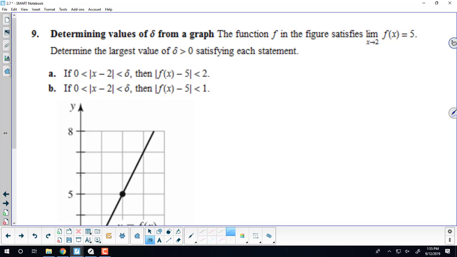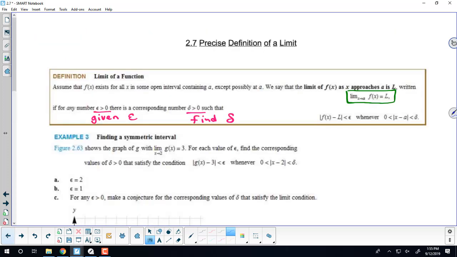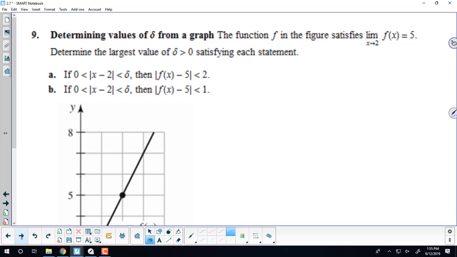What is a here in this example? 2. Remember, if we go back up to the definition, it's the limit as x approaches a. So the thing x approaches is your a. What's L? 5. That's what your function approaches. And L equals 5.